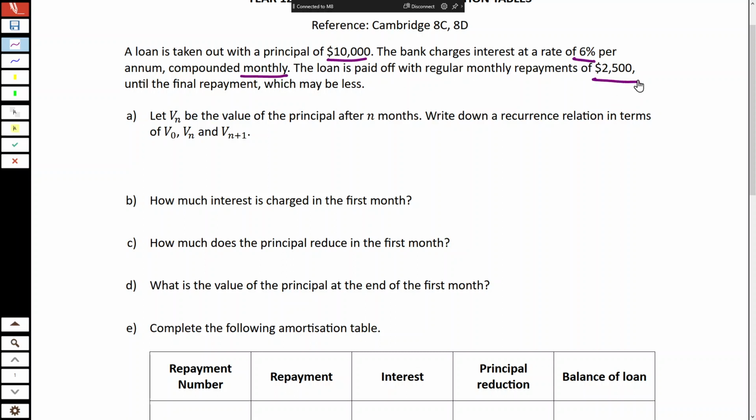All right, so I'll give you 1 minute to set up the recurrence relation for this loan, and then we'll talk about it. You may also find this useful.